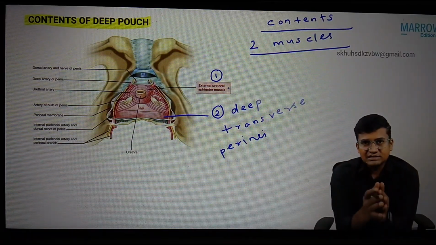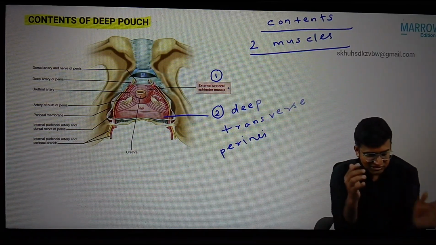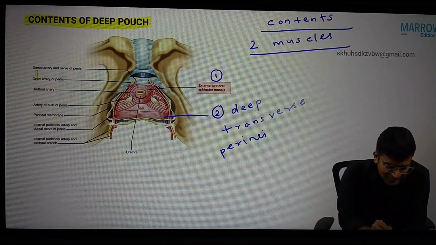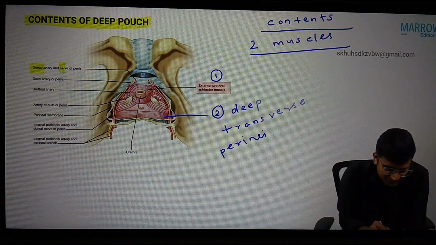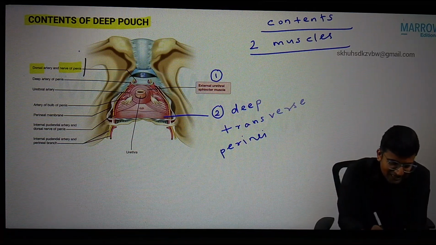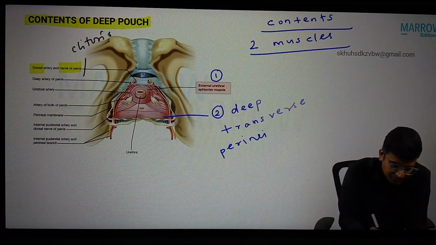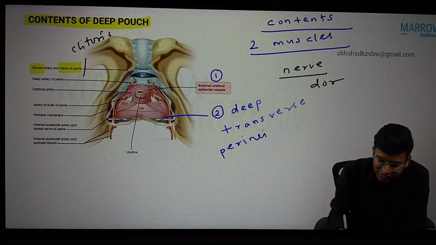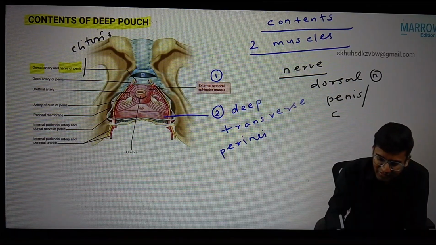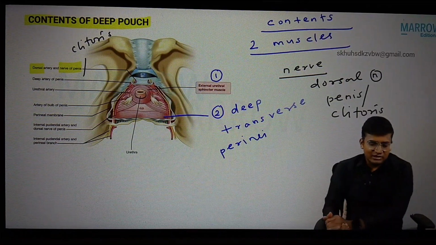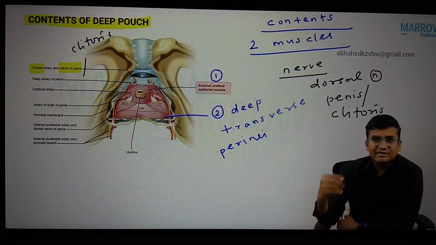Next, neurovascular structures. First the nerve: the dorsal nerve of the penis; in females, the counterpart is the dorsal nerve of the clitoris. What about the artery?